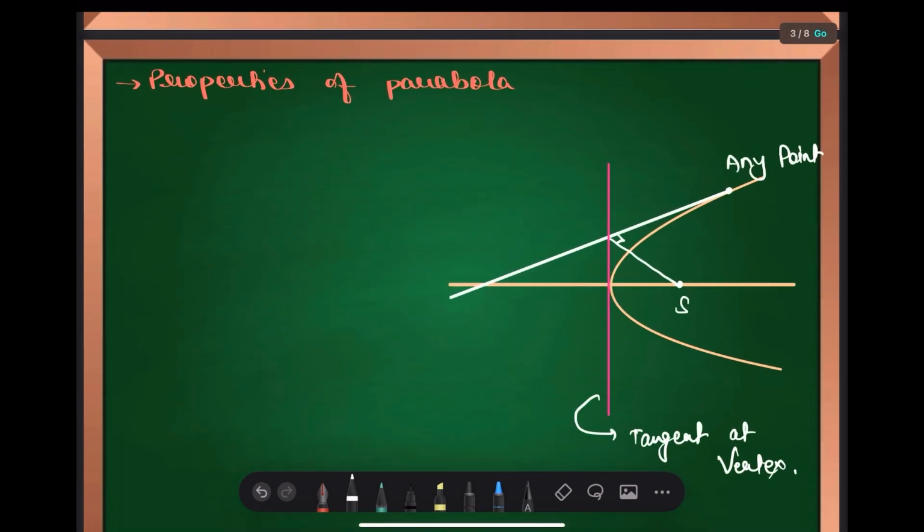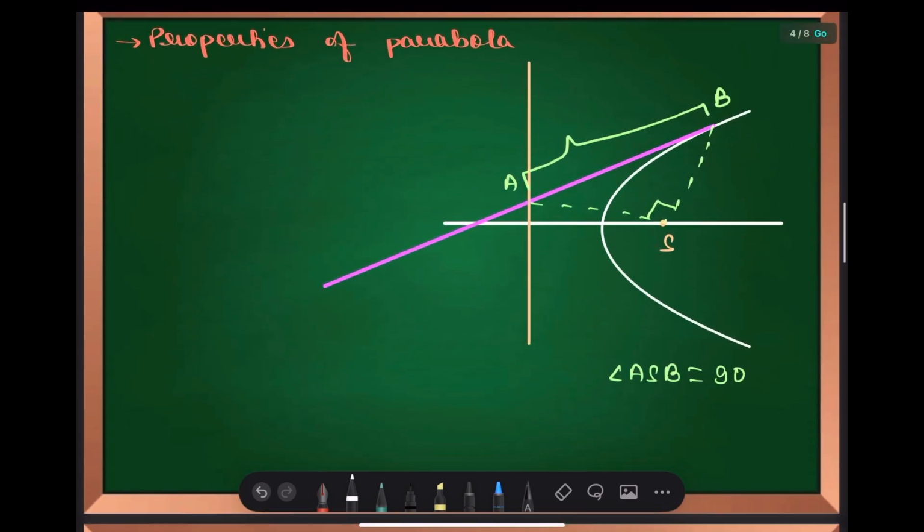If you draw a tangent at any point on the parabola and draw the foot of the perpendicular from the focus on that tangent, it will lie on the tangent at the vertex.